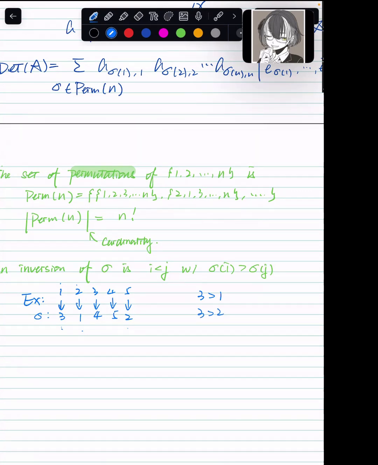And I also have 4 is greater than 2. So when i is 3, j is 5, and I have 5 is greater than 2. Okay, so I have 4 cases where there exists an inversion.